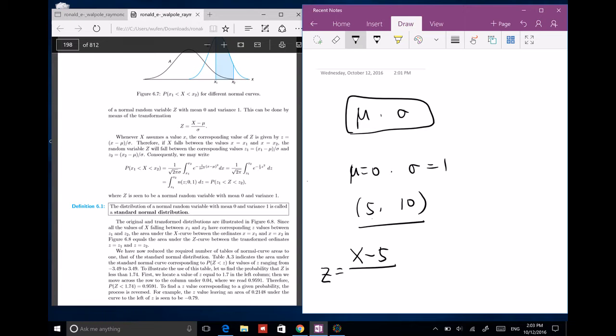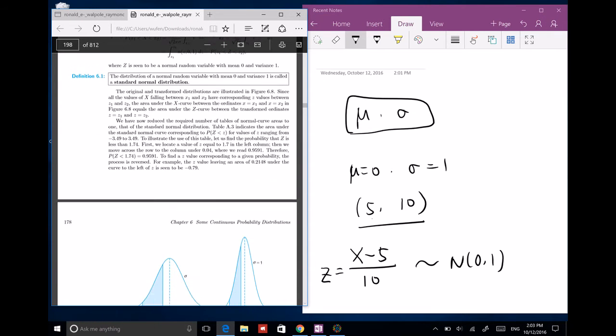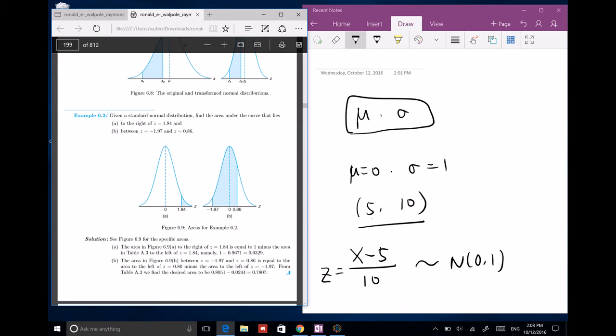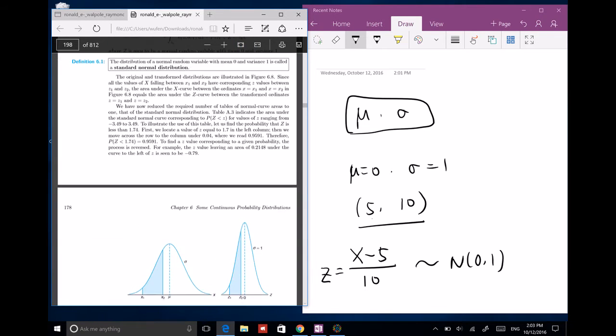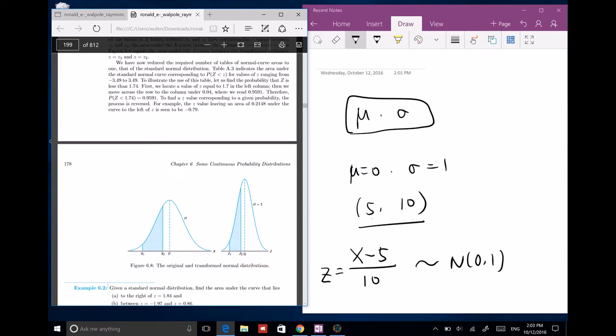Then if I divide everything by 10, the standard deviation sigma, then it's going to be a normal distribution N(0, 1). Okay? So that's how you can convert a normal distribution into a standard normal distribution.